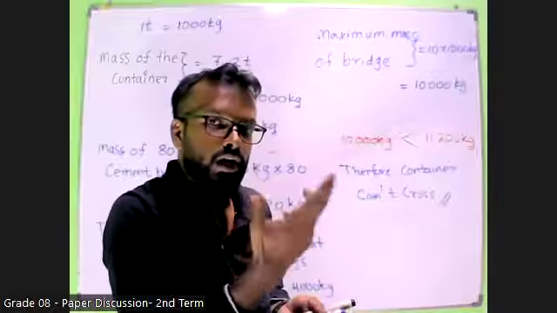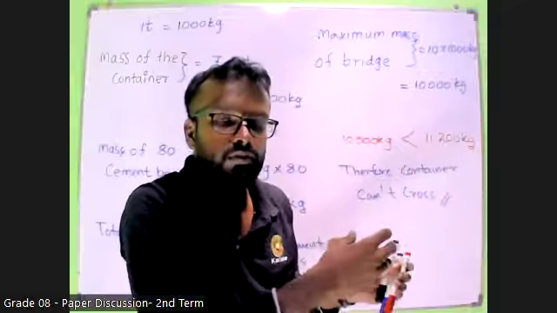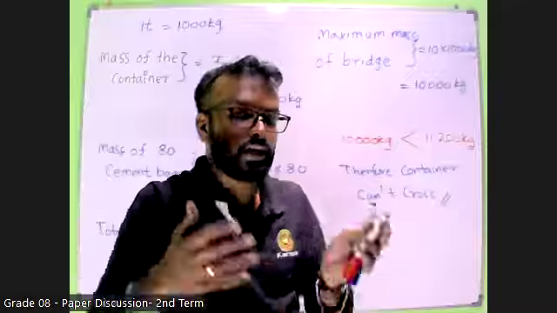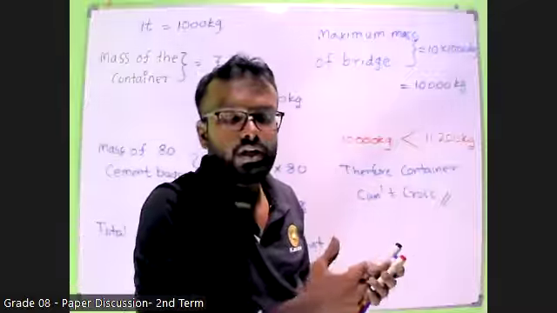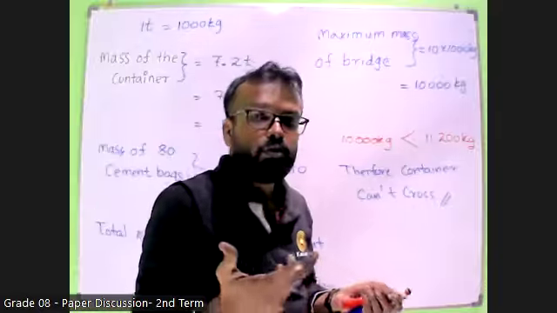We need to calculate how many cement bags we need to remove in order to cross the bridge. Later, those cement bags can be taken away after crossing the bridge. So that is how we are going to do it.